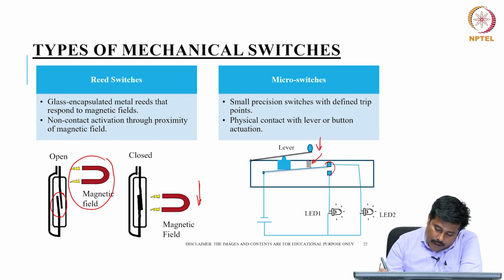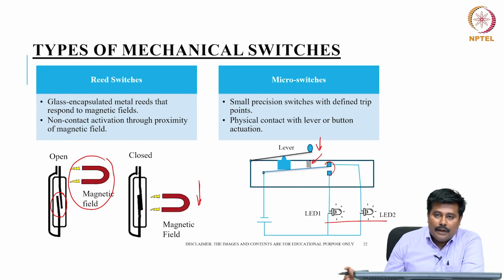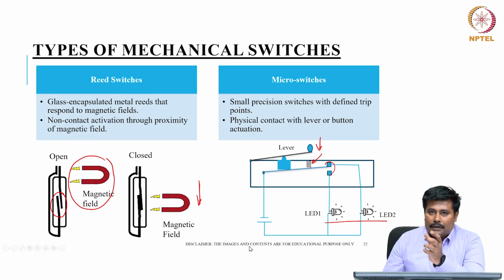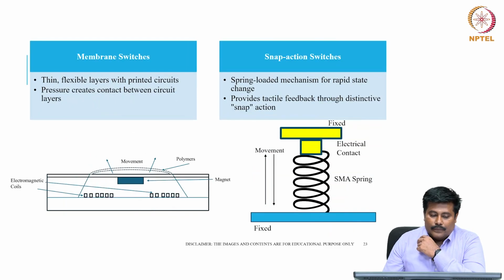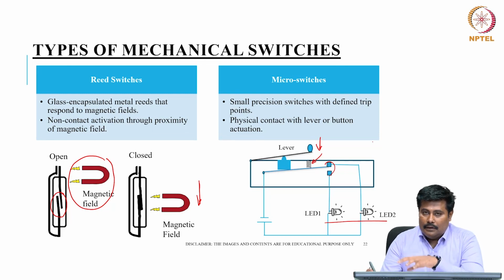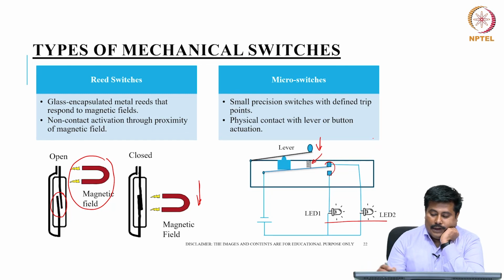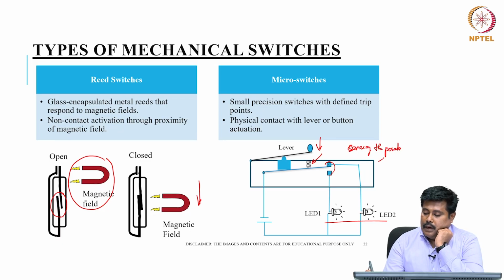A lever is attached, and appropriately we get the actuation in the LEDs. In these two conditions, the reed and the lever are used for sensing the position, and it gives out appropriate actions.